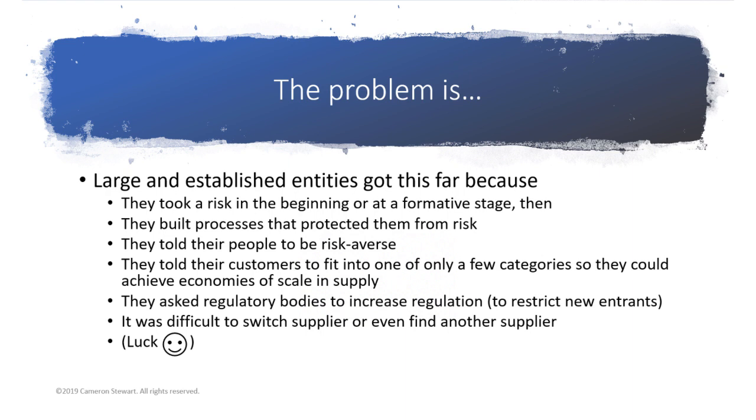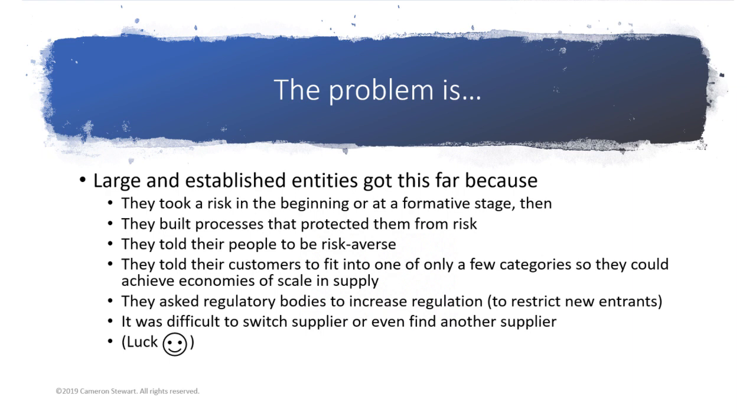But once they'd achieved a critical level of success, they then battened down the hatches. They then decided to reduce the risk of what they were doing. They built processes to protect them from the risk of buying the wrong thing or making the wrong thing or having the wrong partnership with another organisation.